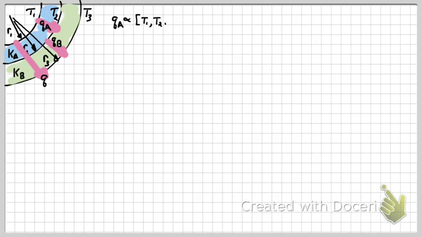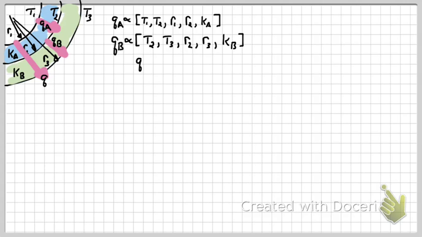Now if we write QA with Fourier's equation, we would find that it's proportional to temperatures T1 and T2, R1, R2, and the thermal conductivity of A. We can write the same for B, and we find that it is proportional to T2, T3, R2, R3, and KB.